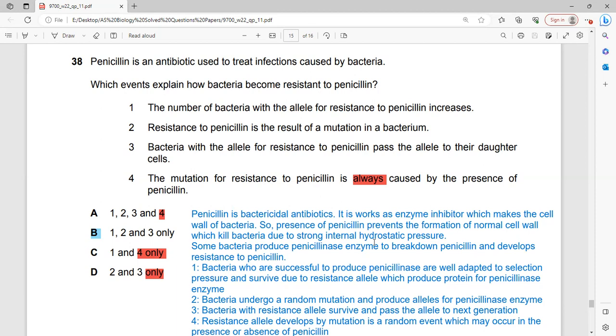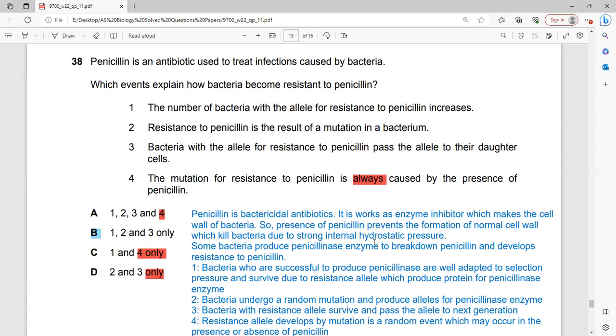So if the bacteria are growing in an environment where there's a high level of penicillin, the bacteria are unable to maintain a normal, strong cell wall. So if there's a weak cell wall, the water moves from outside to the inside and the bacteria get high hydrostatic pressure, and they will burst and die.